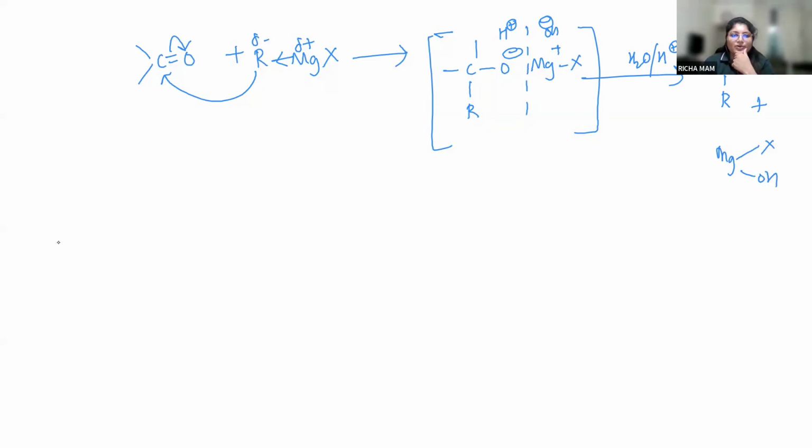Now let us follow this and do the reactions with different aldehydes and ketones. Let me take both as hydrogen.